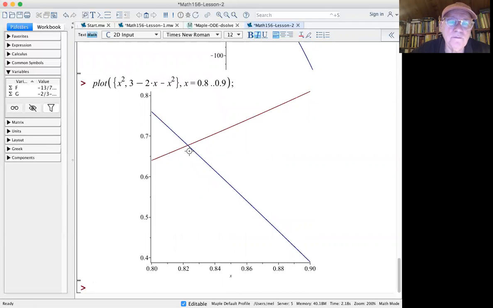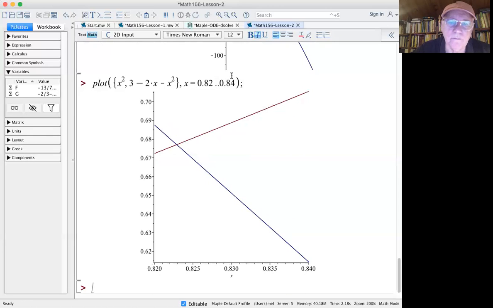Oh. So it's really more like between 0.82 and 0.84. In fact, really between 0.82 and 0.825.